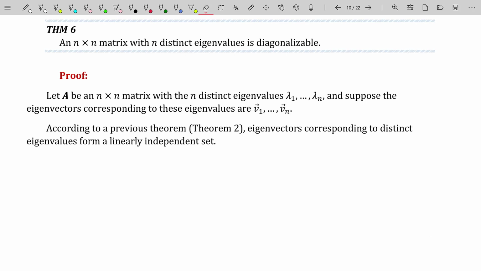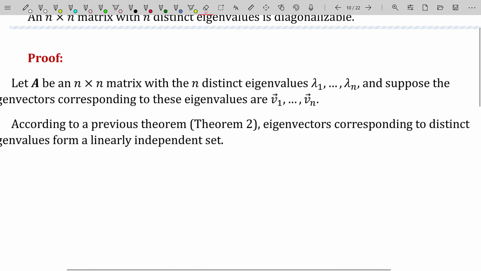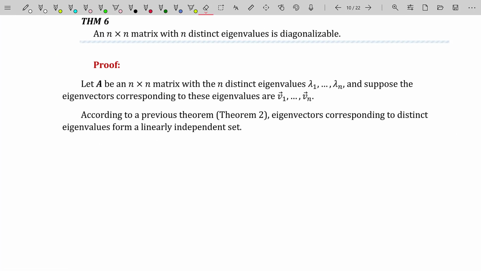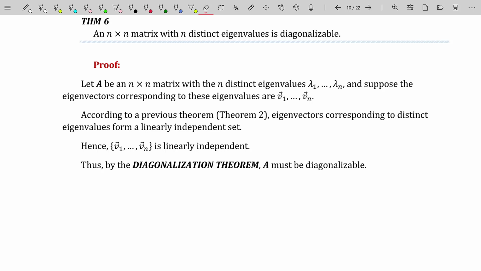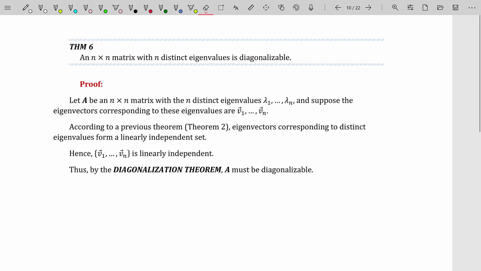So those eigenvectors that correspond to these distinct eigenvalues form a linearly independent set. Hence, that set of vectors is linearly independent, and therefore A must be diagonalizable by the diagonalization theorem. That's a pretty fast proof, honestly. It'd take longer if I was handwriting it out, but generally speaking, I don't need to handwrite all that stuff out. It's a little bit cleaner actually just doing it this way.